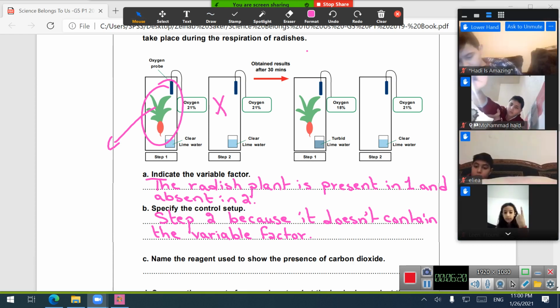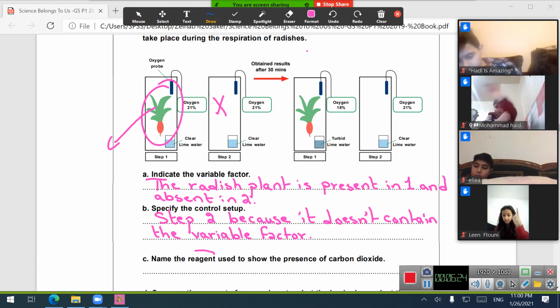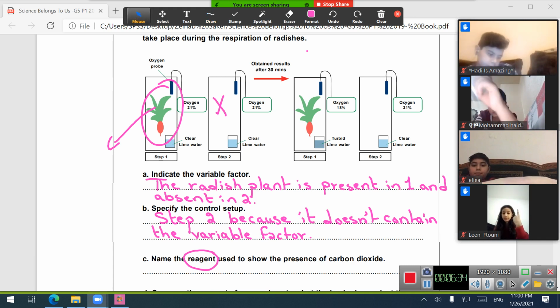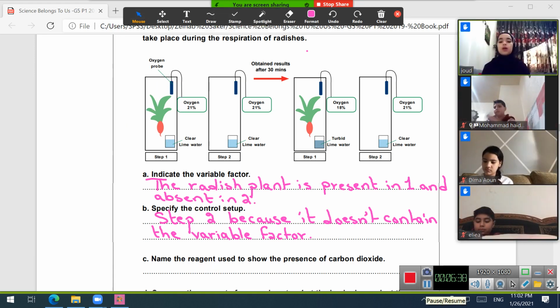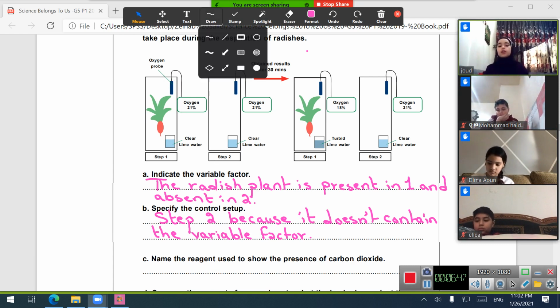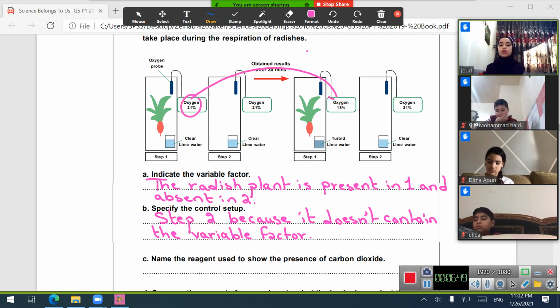Part C tells you to name the reagent. Reagent means the element or factor used to show the presence of carbon dioxide. How do you know that carbon dioxide is found? Okay, Jude, please, can you answer? Miss, when we look at set 1, after 30 minutes, the oxygen decreased and the water changed.